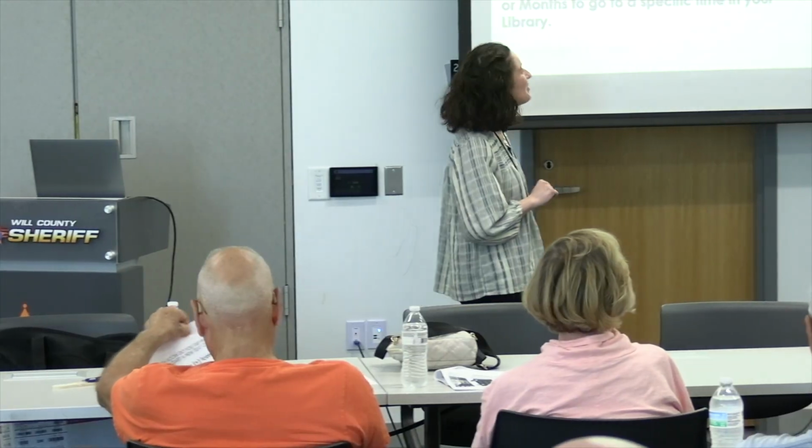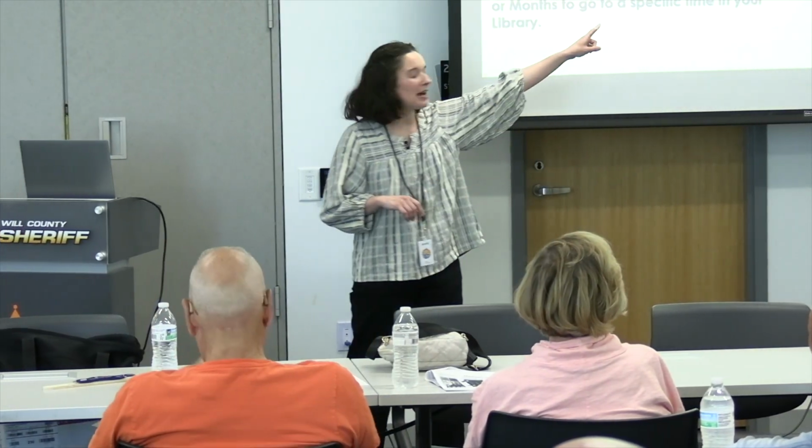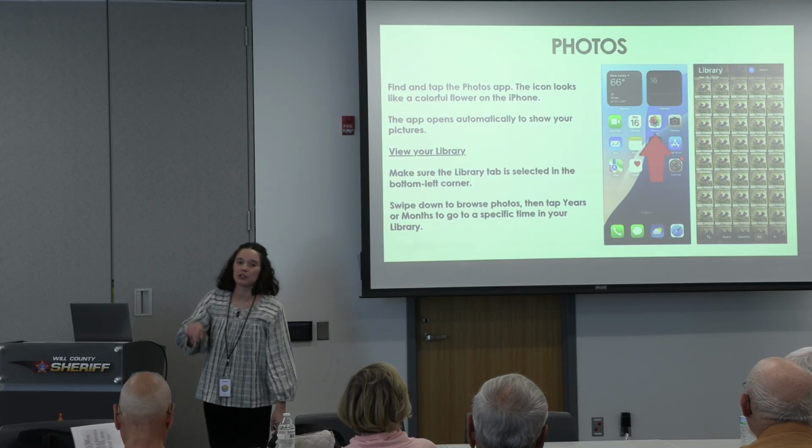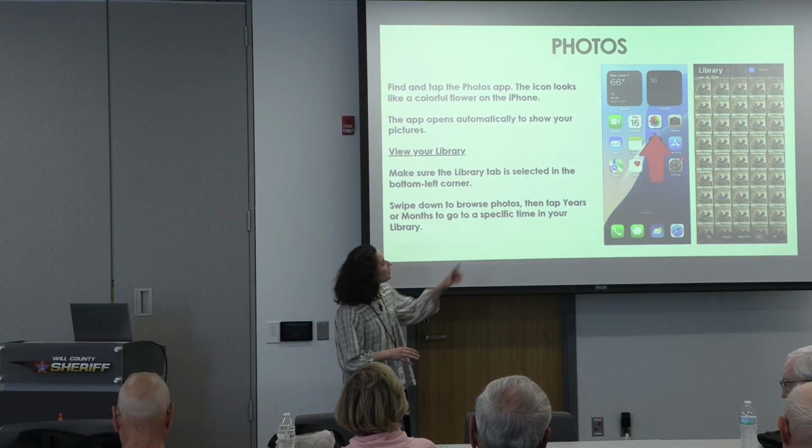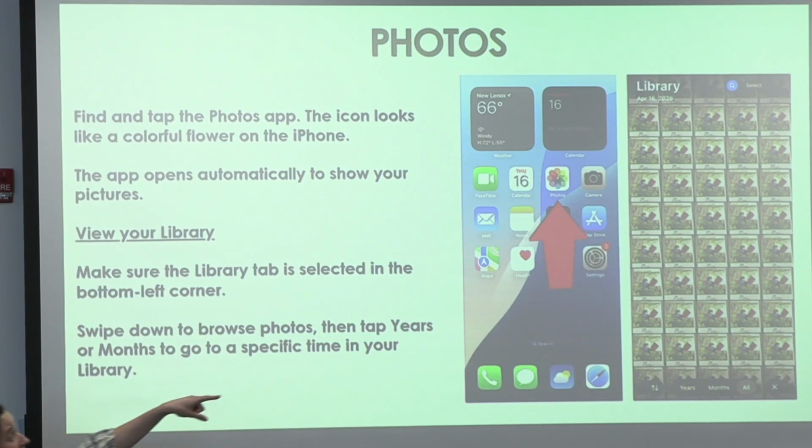Okay, so photos. Photos on Apple is called Photos. Photos on Android is usually called your gallery. So it's usually one or the other. To view them, in this example, you click on Photos, and what opens up is my photo library. I have a lot of pictures of this insider guide on here. I can scroll up and scroll down and go through my photo library.